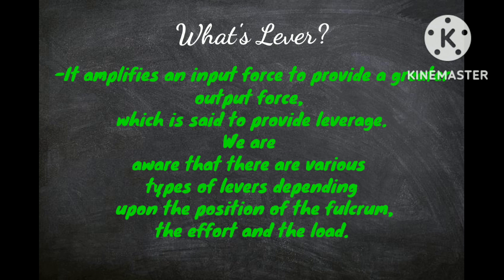It amplifies an input force to provide a greater output force, which is said to provide leverage. We are aware that there are various types of levers depending upon the position of the fulcrum, the effort, and the load.